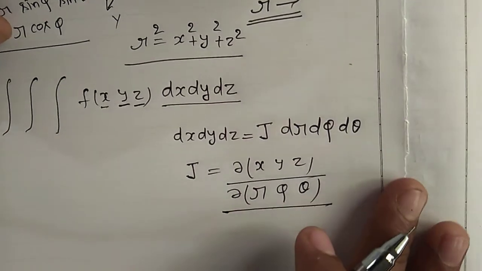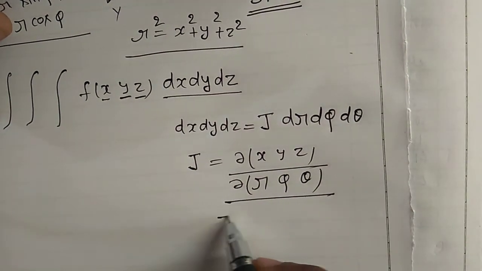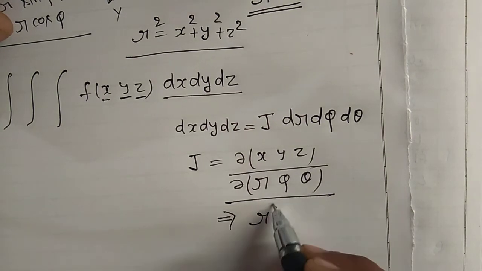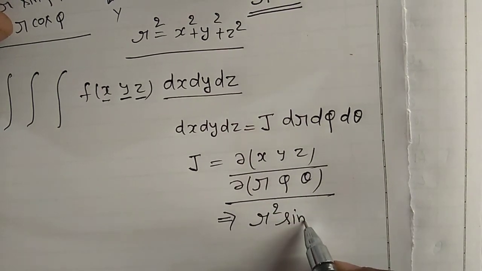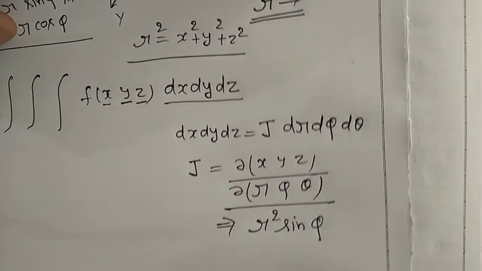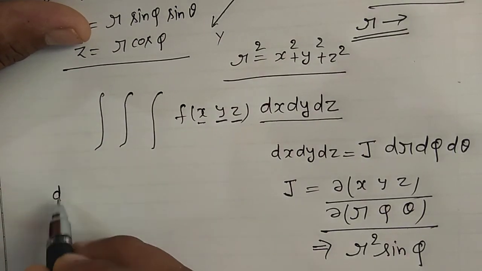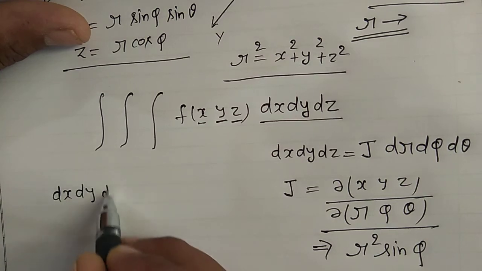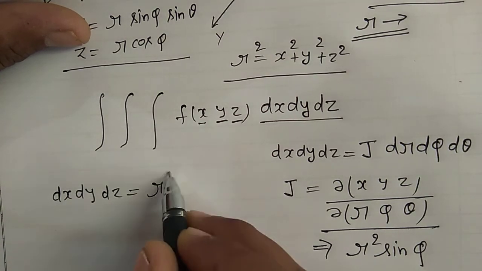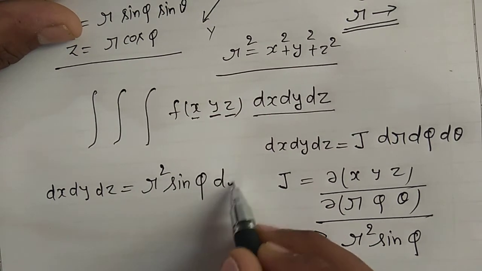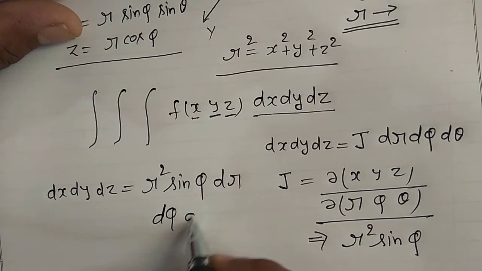I am not finding the Jacobian here, I will give another video for this. So the Jacobian for this transformation will be r square sin phi. So your dx dy dz will be r square sin phi dr d phi d theta.